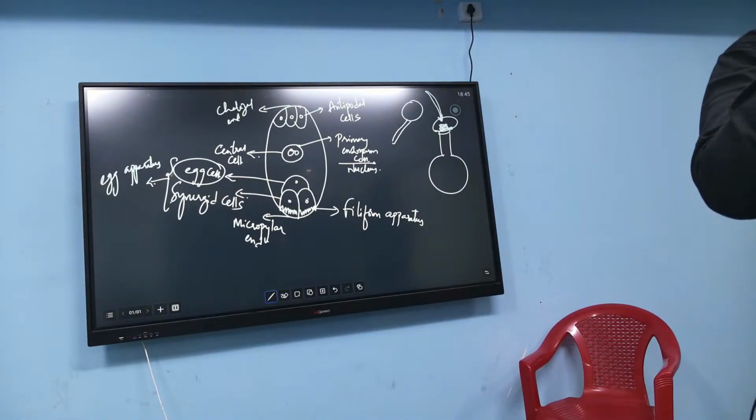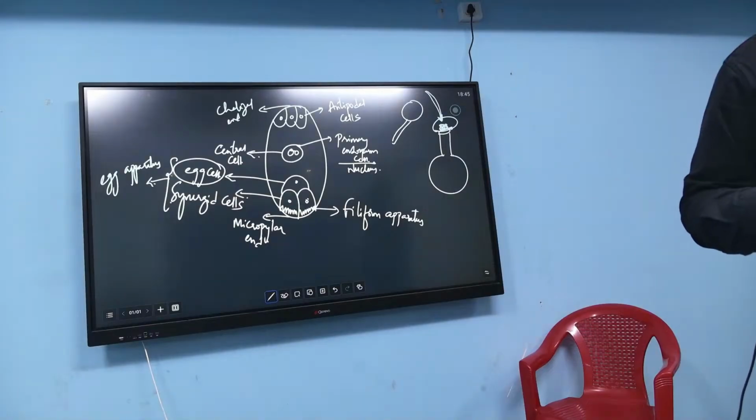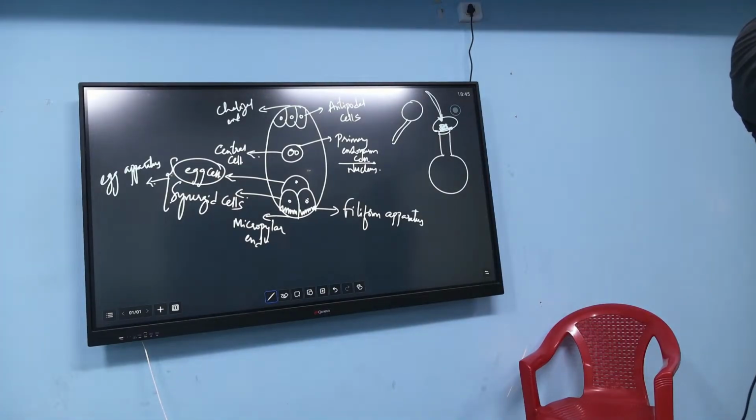Now pistil consists of three parts, stigma, style and ovary. अब pollen grain coming and interacting with pistil part, नहीं, the interaction between them is called pollen pistil interaction. नहीं, one important question, 1 marks का भी पूछ सकता है, 5 marks तक भी पूछ सकता है ये क्वेश्चन में. Explain the advantages or disadvantages of pollen pistil interaction, or what is pollen pistil interaction, explain. ठीक है, very important.